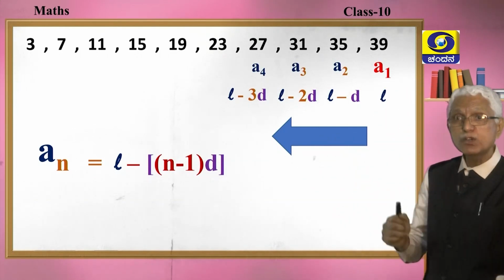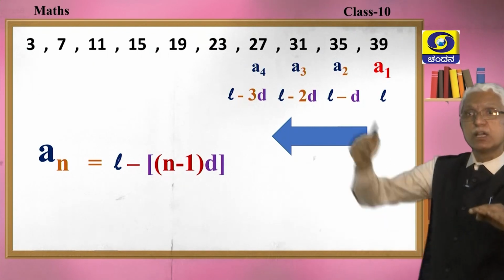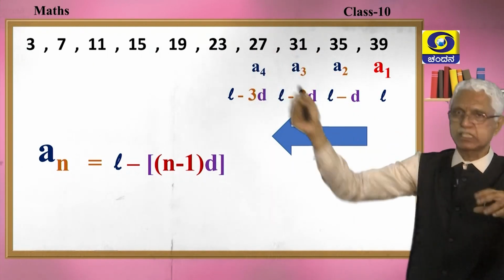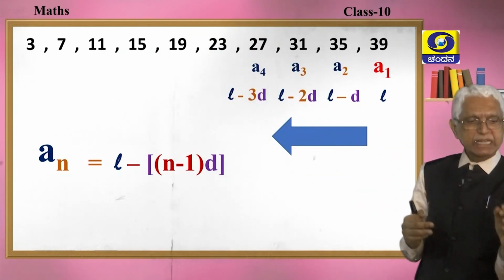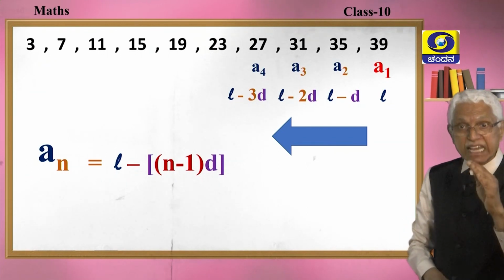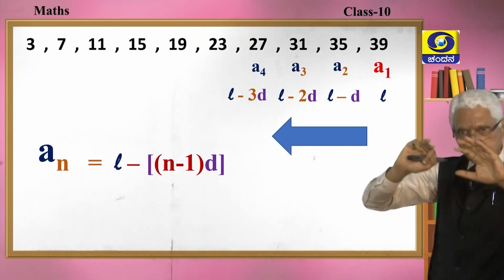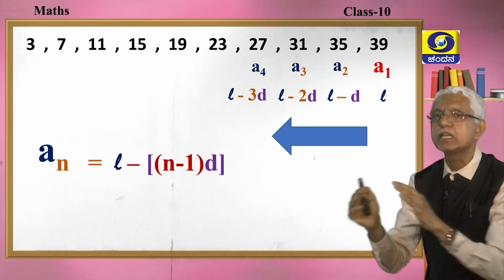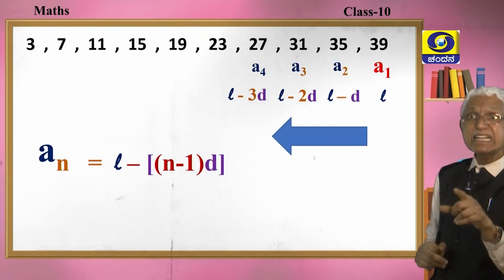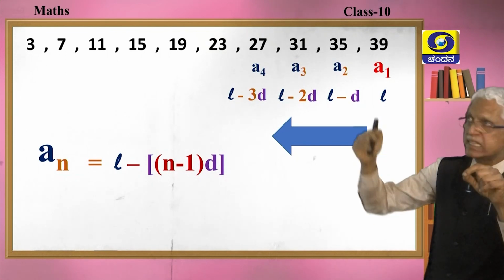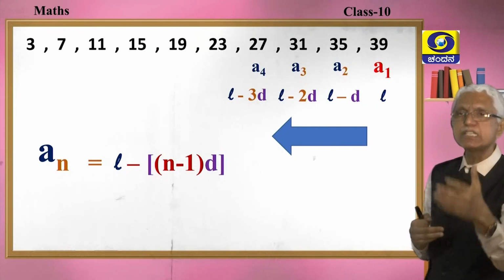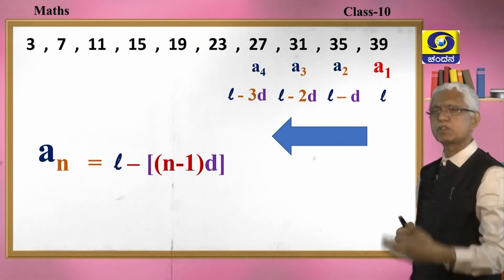So if you want to find any term from the last term, correct? If you want the 10th term from the last term, 20th from the last term, 16th term from the last term, you can use this formula L minus (n minus 1) into D, where L is the last term, n is, if you want the 10th term from the last, n is 10, 15th term from the end, n is 15, and common difference is obviously identified.